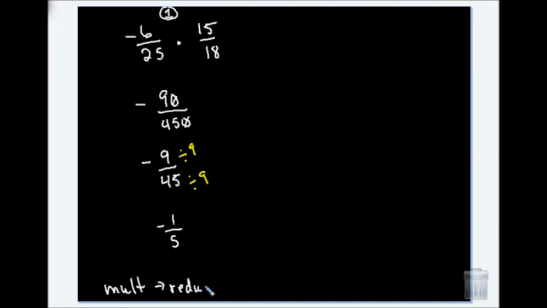Okay, method 2. Okay, 6 and 18 will both divide by 3, right? No, sorry, they'll both divide by 6. So 18 divided by 6 is 3, and 6 divided by 6 is 1.